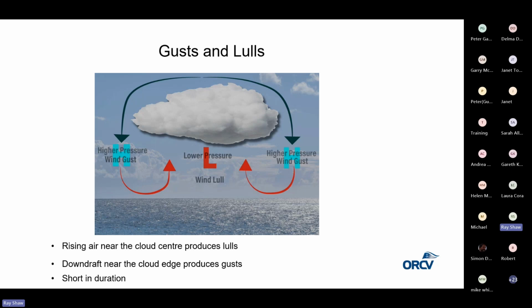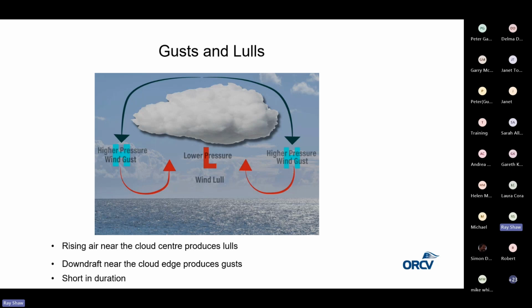What happens to that air is as it goes up, it eventually circulates out of that region and starts to fall back down in the higher pressure regions to either side of the cloud, and as higher pressure winds come down, you get gusts of wind, because you've got winds that are higher speed aloft coming down with the high pressure system, and it produces gusts at the surface. So as you go to the edge of these clouds, you'll get gusts.